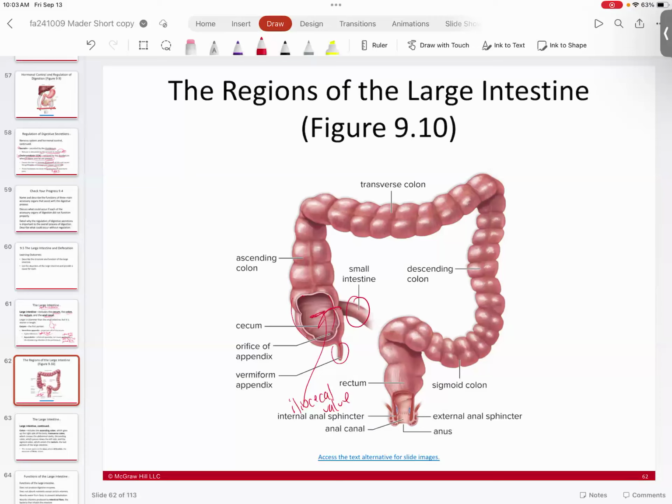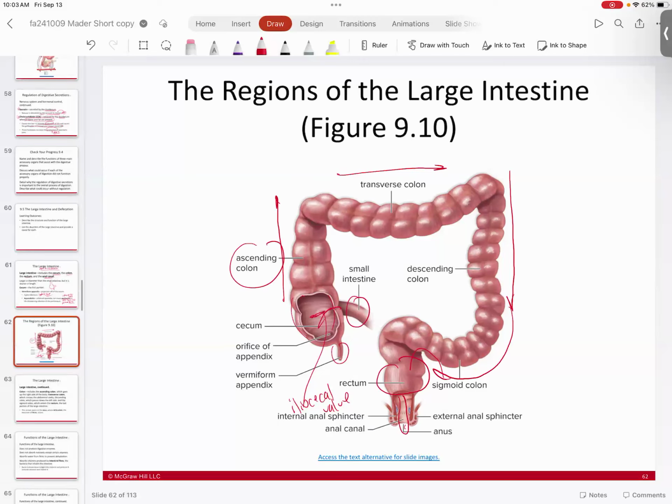And then your colon is broken into a couple of major pieces. First of all, you have your ascending colon, which goes up, your transverse colon, which cuts across your body, your descending colon, which goes down, your sigmoid colon, which looks like a little S shape. And then you have your rectum, and then, of course, your anal canal. So basically, that's where your feces comes out.